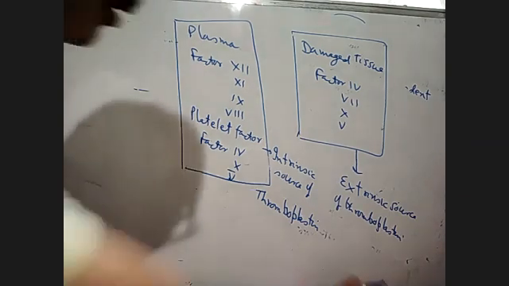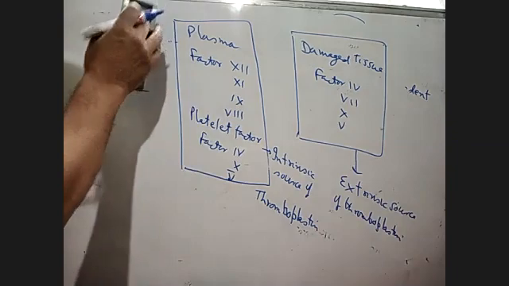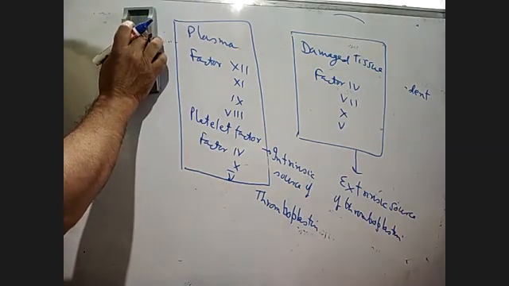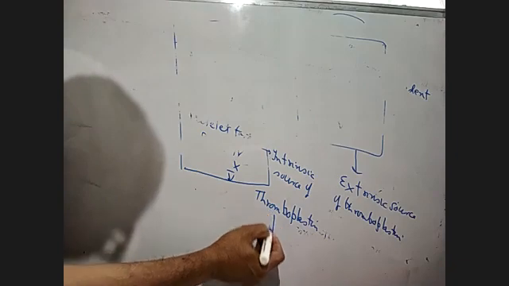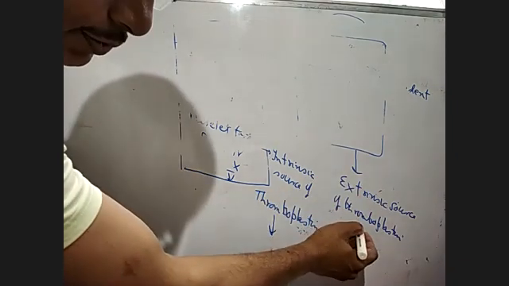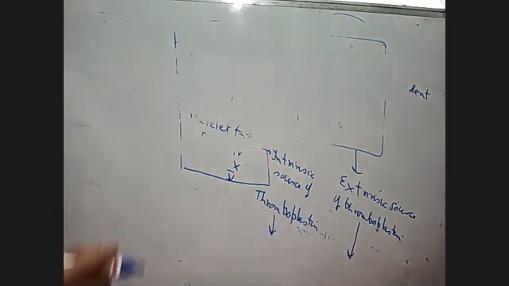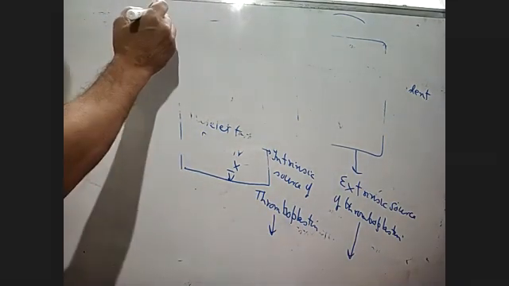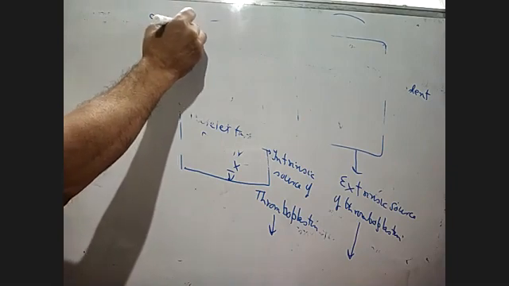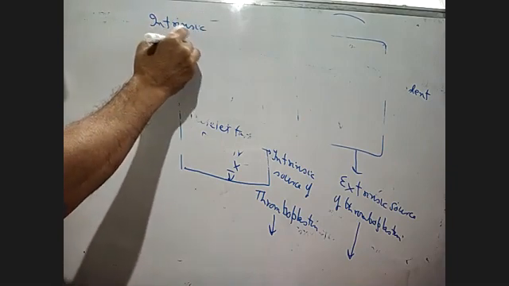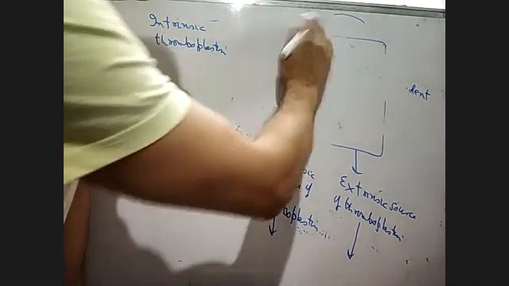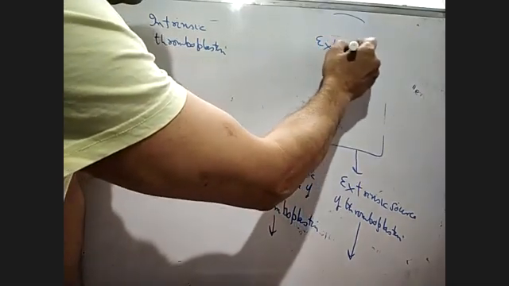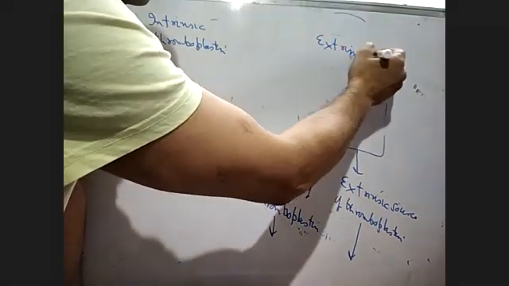Let's write the next point. After this one you make an arrow here, and here also we make an arrow. Here we write intrinsic thromboplastin and extrinsic thromboplastin.